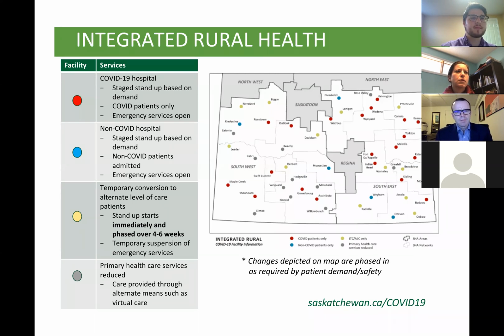I'll just very quickly say, we have an offensive and a defensive strategy. We really need your help on the offense, and we can see Saskatchewan is already having success in that area just based on the numbers that we're seeing. We do have a defensive strategy in case we need it, and we're hoping we won't.